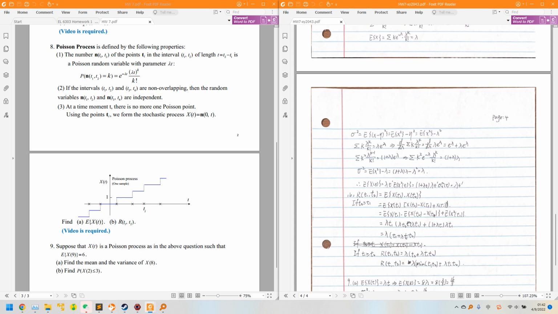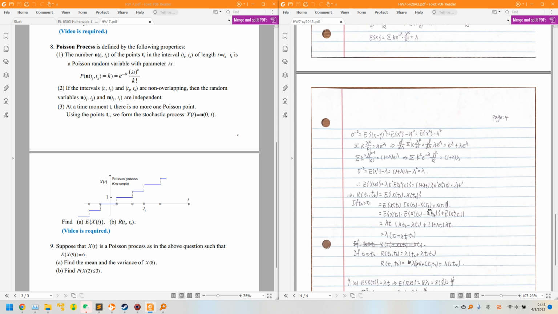The value of R(T1, T2) equals the expectation of X(T1) times X(T2). Actually, there are two cases. The first case is if T2 is greater than or equal to T1.